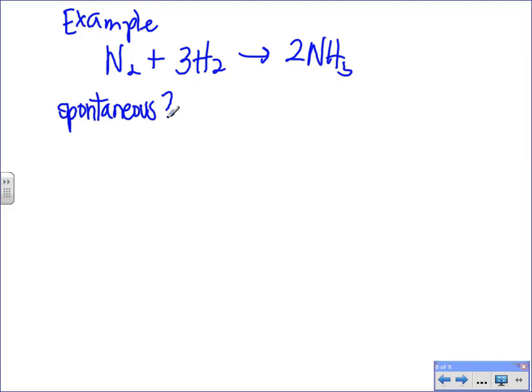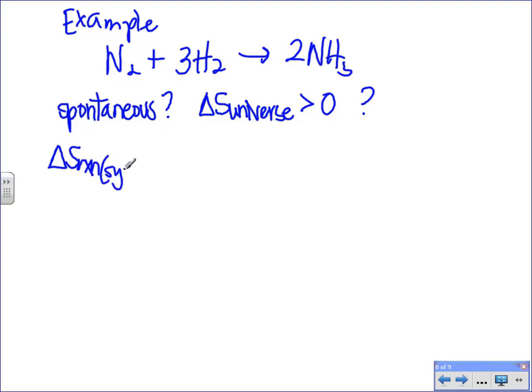We're going to use the change in entropy of the universe. If it's greater than 0, then this system is expected to be spontaneous.